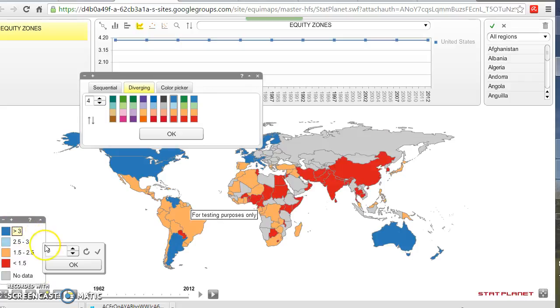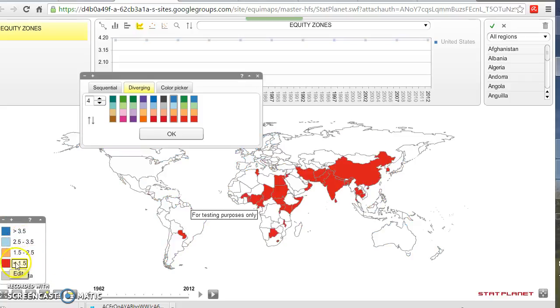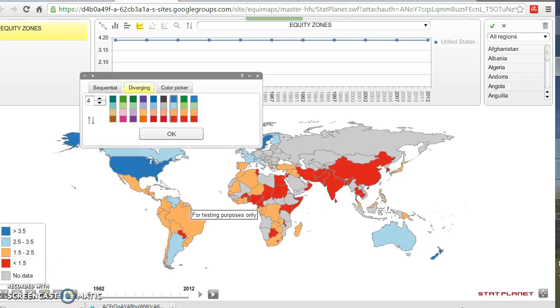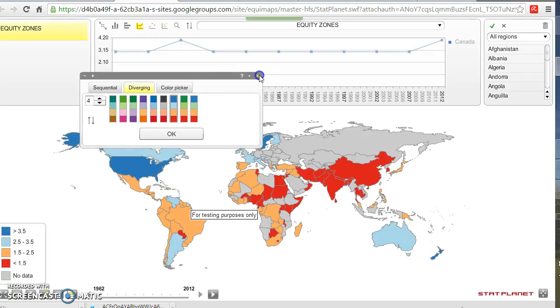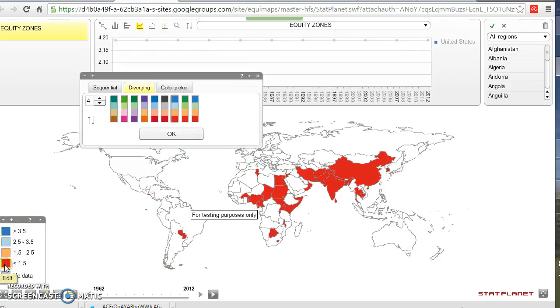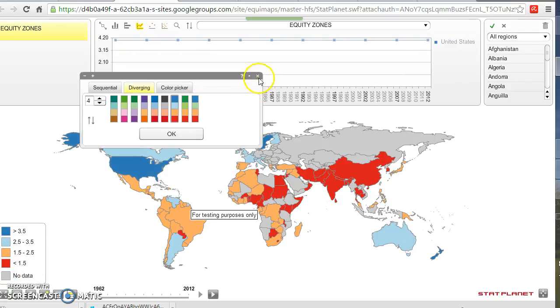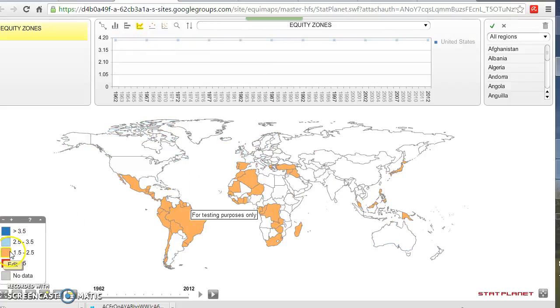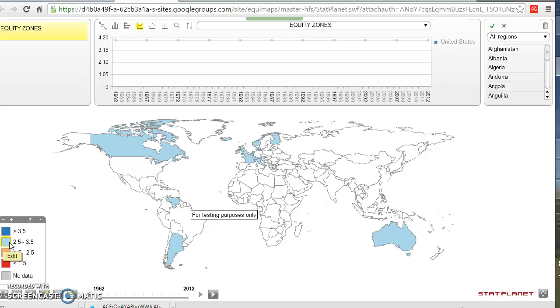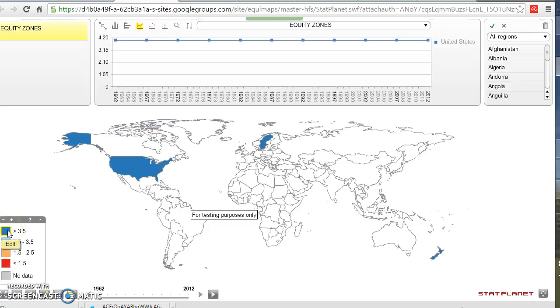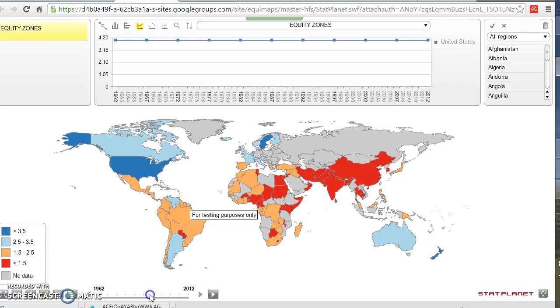This should be 3.5. So if you divide the zones in that fashion, red will include all the countries in the deficit zone, call it 1, and then orange will be the countries in the equity zone, this would be the surplus zone, and this would be the excess accumulation zone, right? So let's look at them from 1962 till now.